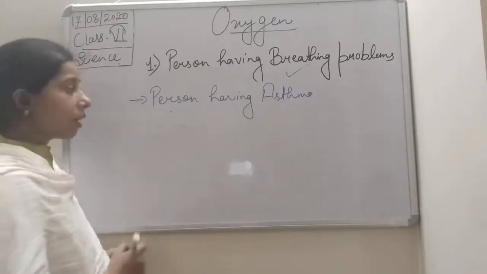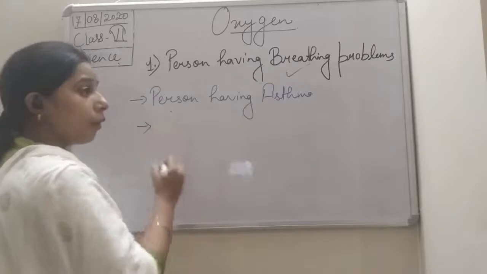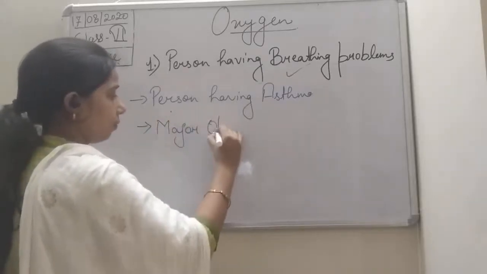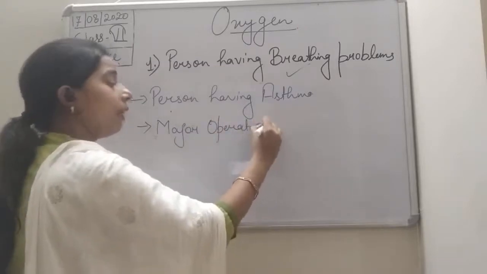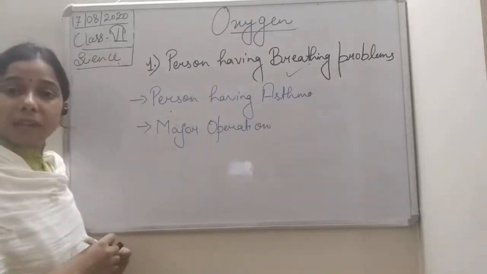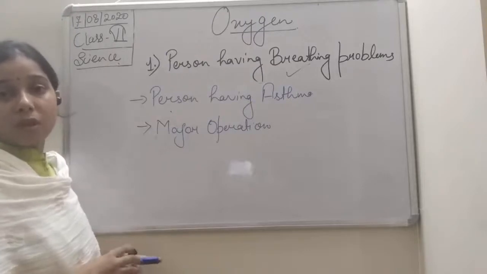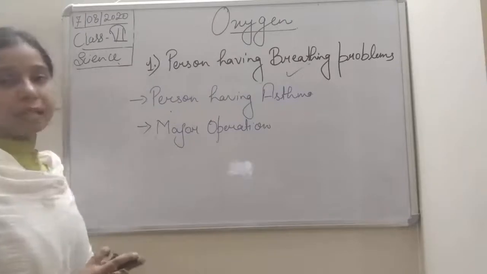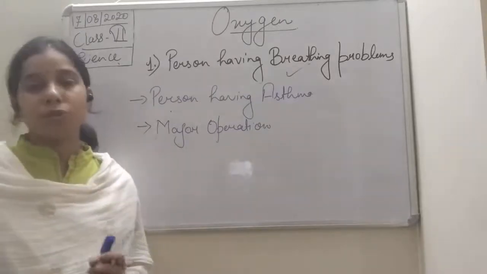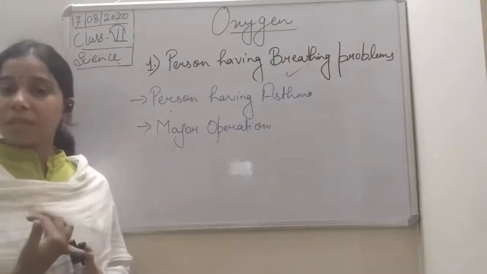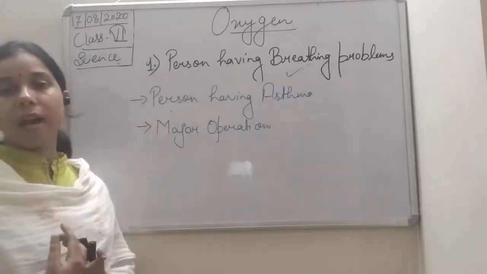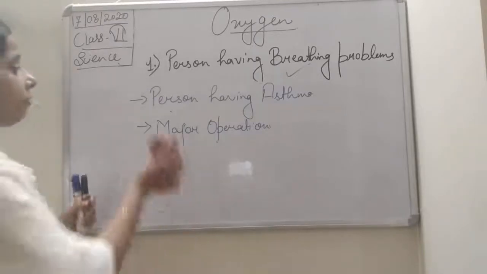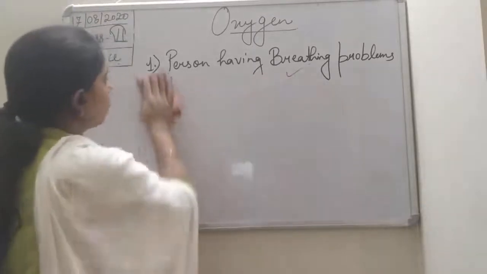Or if a person undergoes a major operation, in that case also the patient needs a sufficient amount of oxygen because he or she is not able to breathe properly. So in both cases, students, the oxygen cylinder is used. This is the first special case in which the oxygen cylinder is used by doctors.